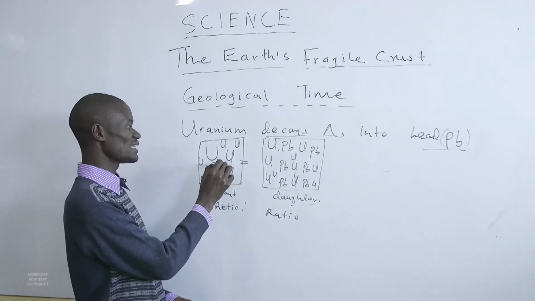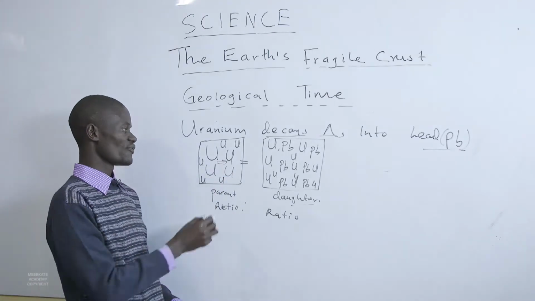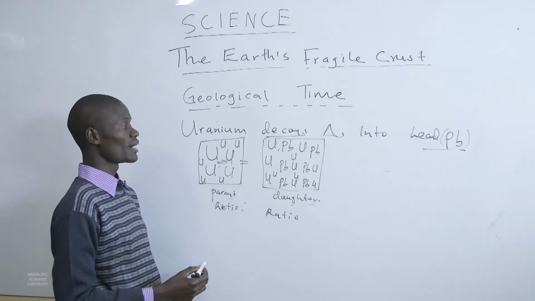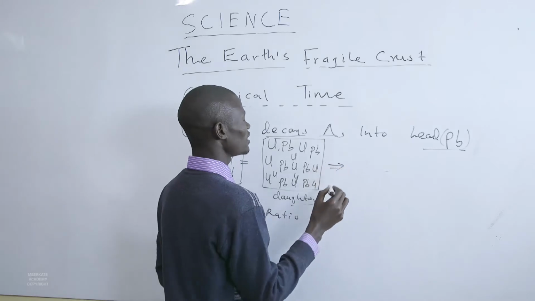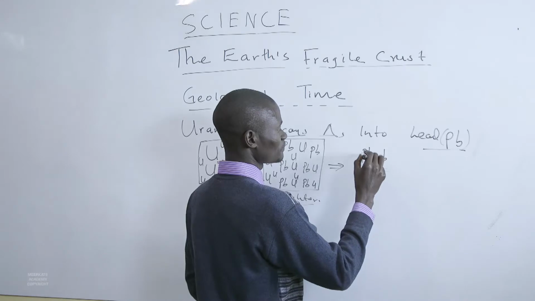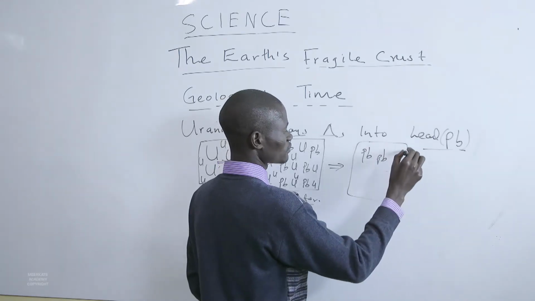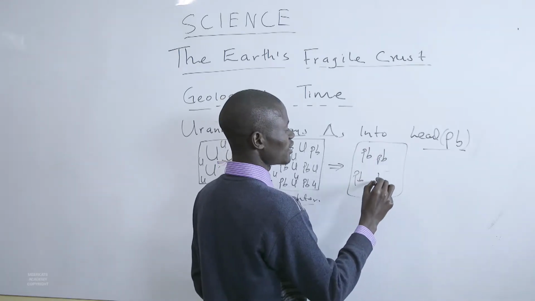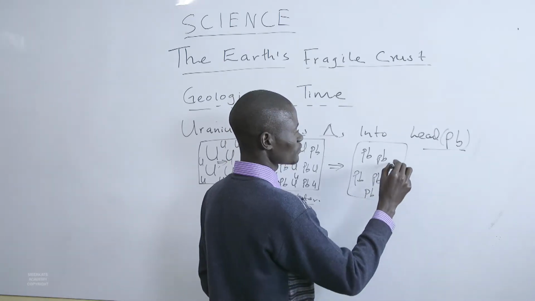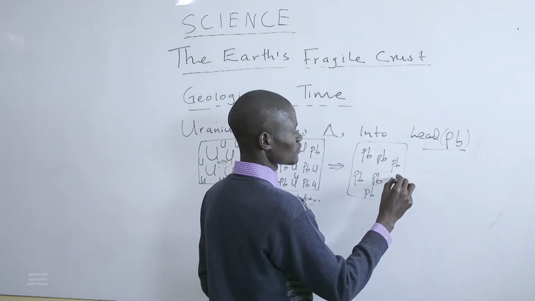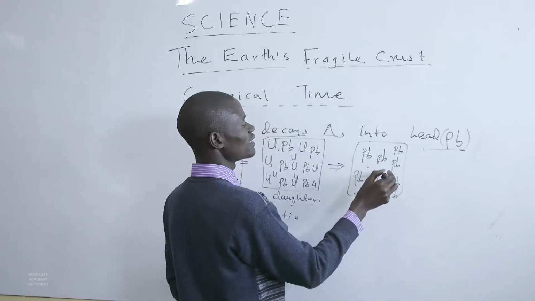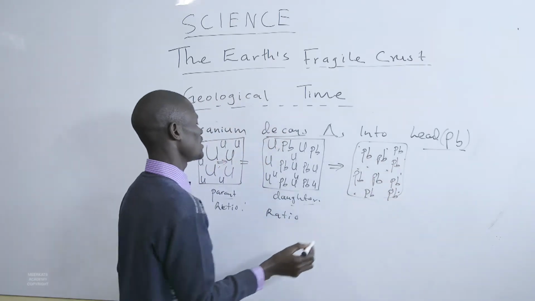If we have the ratio of the original parent isotope, after decaying completely we will have a new substance that is completely lead.